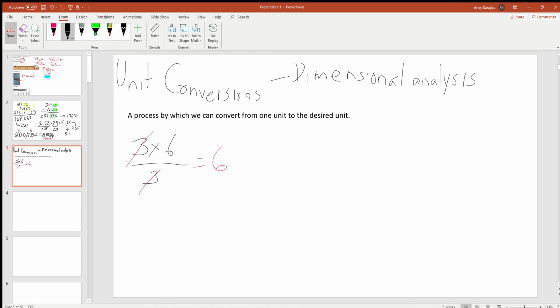Well, the same thing is true for units. If we have the same unit in both the numerator and the denominator, as we do here, where we have grams times milliliters divided by milliliters, our milliliters will cancel, and we're left just with grams. So we use this process to come up with the way that we want to convert.